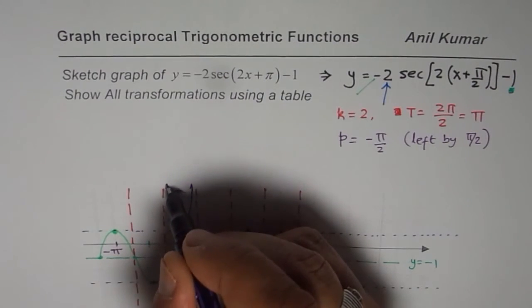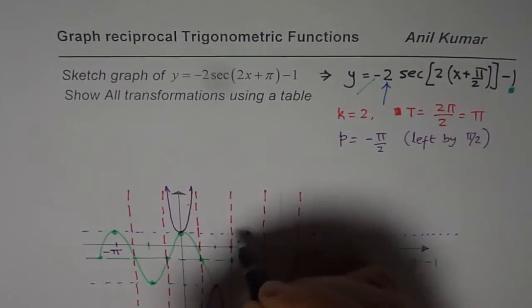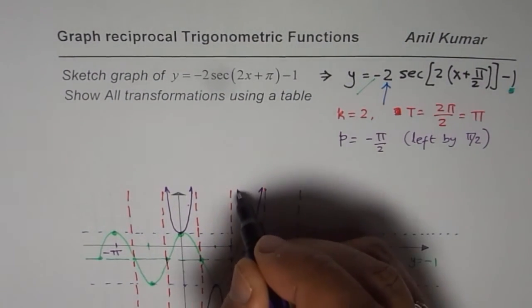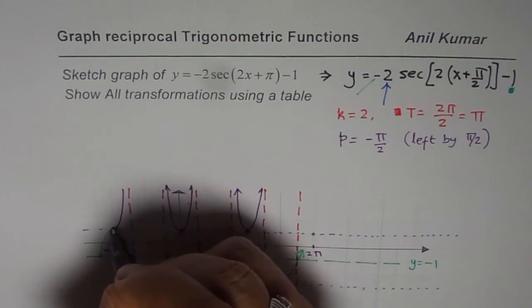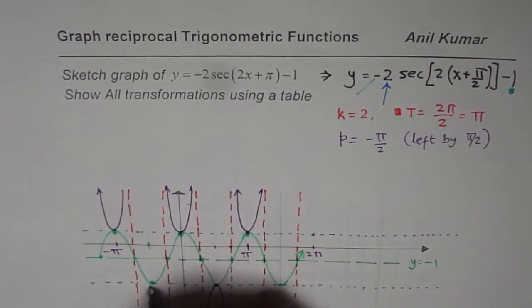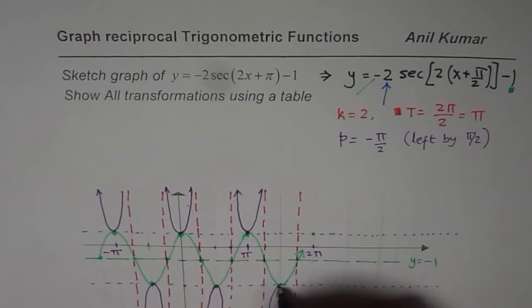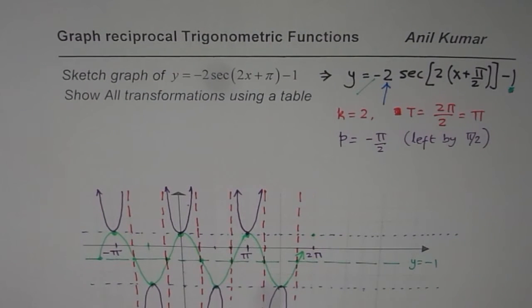Do you see that? So that becomes the secant graph for you. So that is how you can actually sketch the secant graph. That is an easy way of sketching the secant graph.